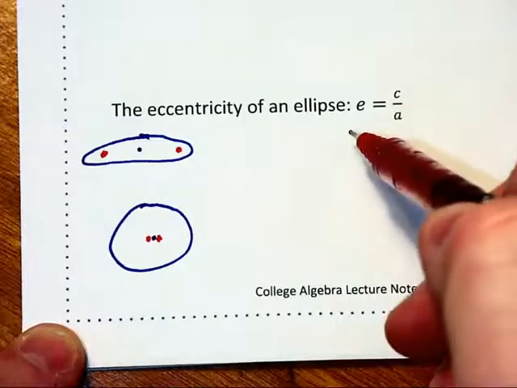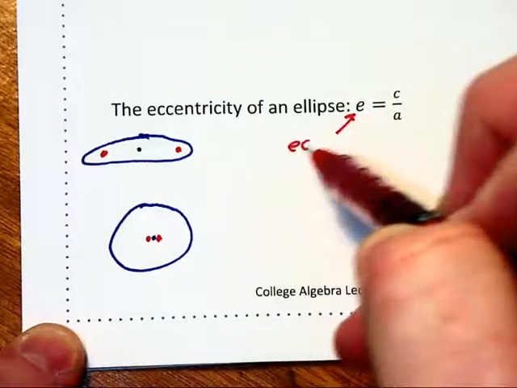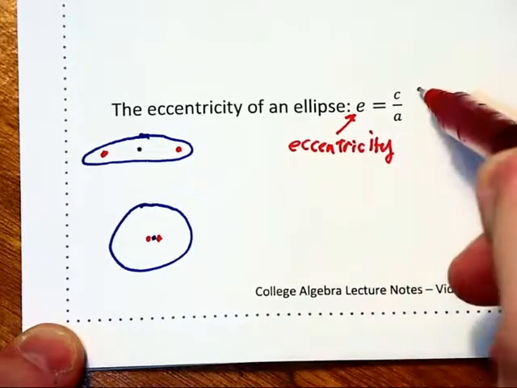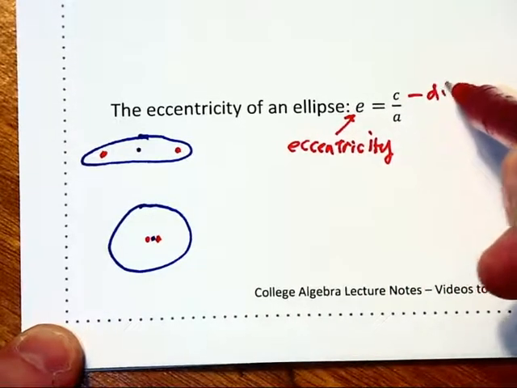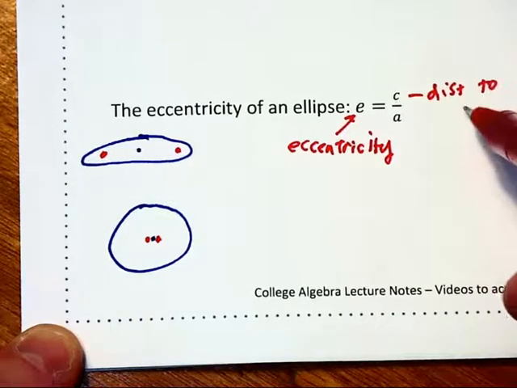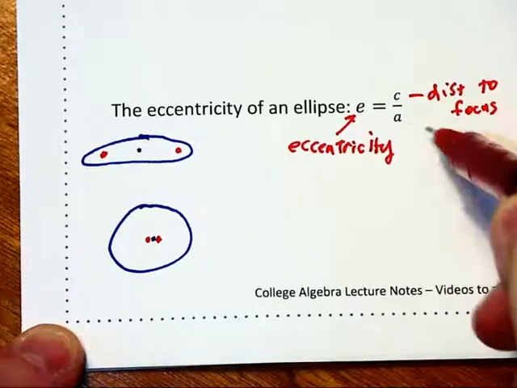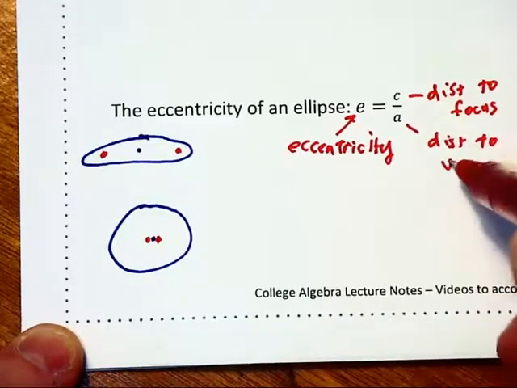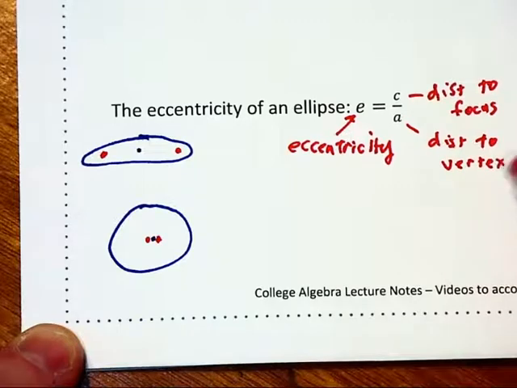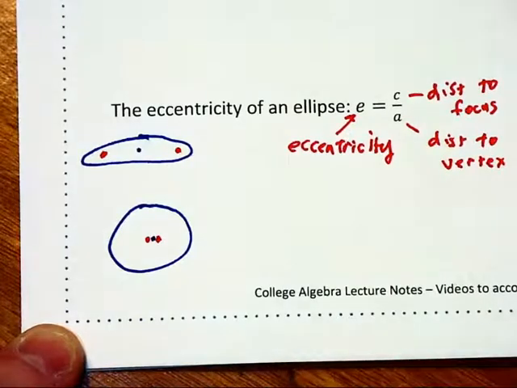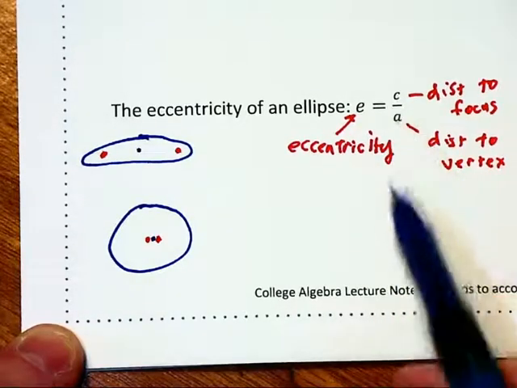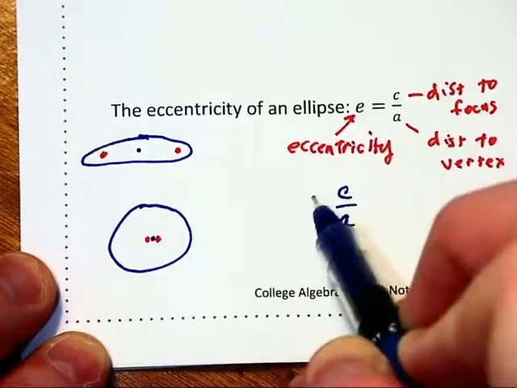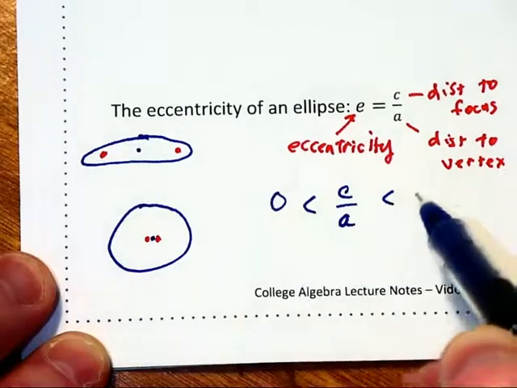Now, e is going to be known as the eccentricity, as you can see just as I've got it written up there. c, as you know, is the distance from the center to the focus, and a is the distance from the center to the vertex, or to either one of the vertices. Now, the fraction c over a is between 0 and 1.